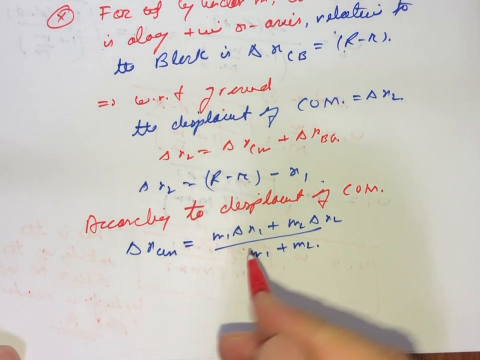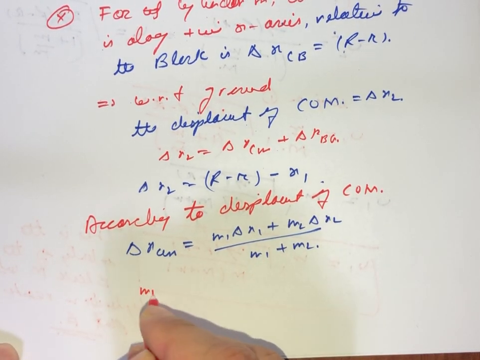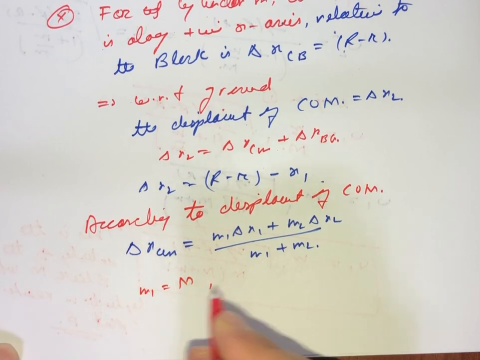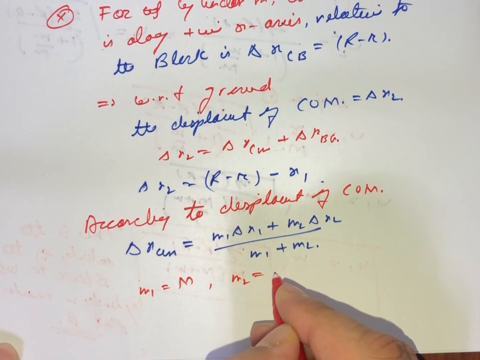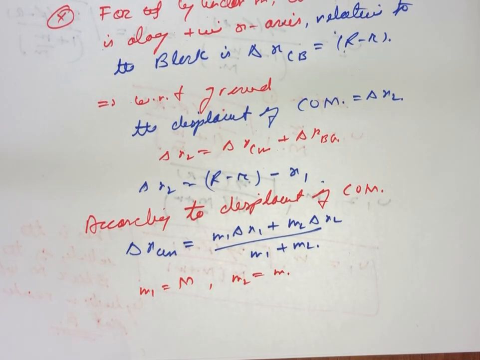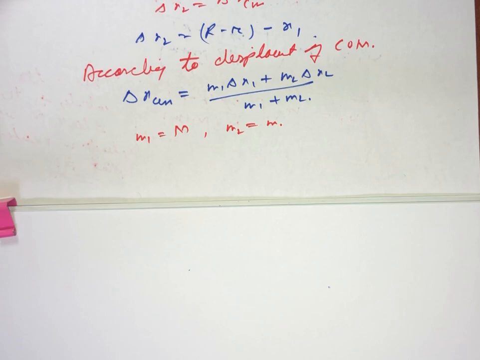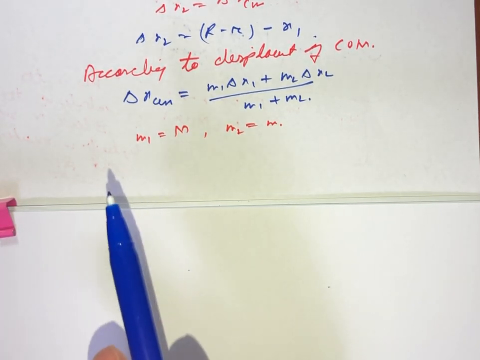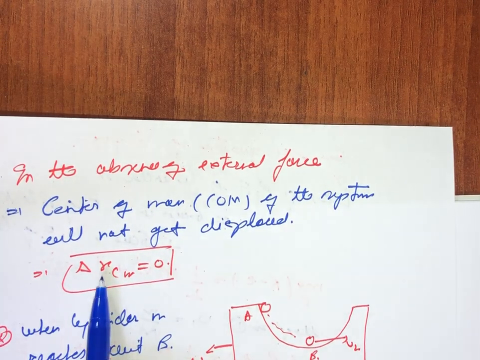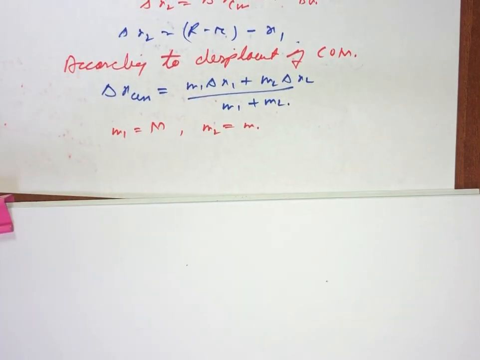Now in this case, our m1 is the capital M, that is the block, and m2 is the small m, that is our cylinder. So if we substitute the values, we already said that there will be no displacement of the center of mass, so delta x cm is 0.